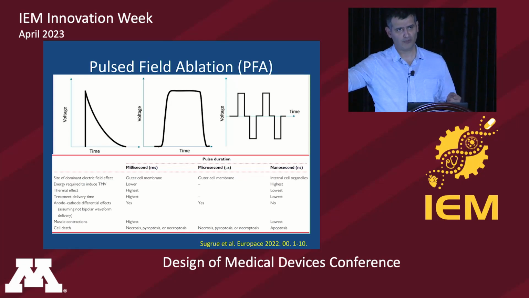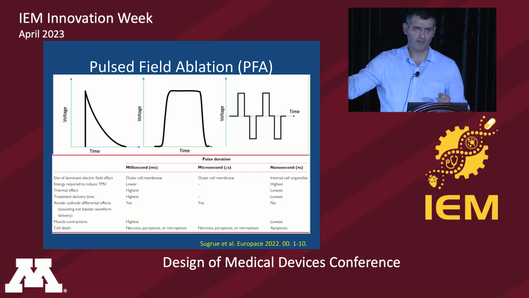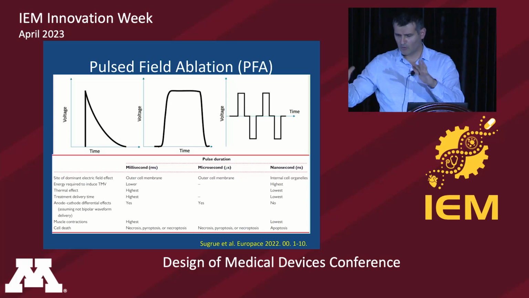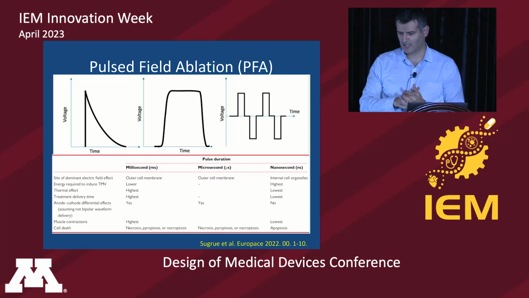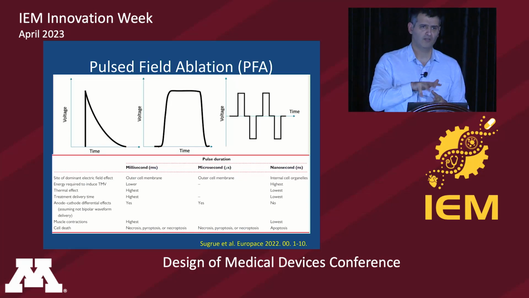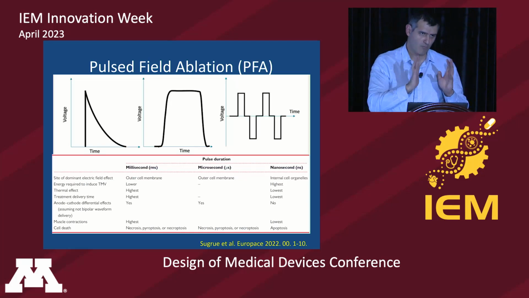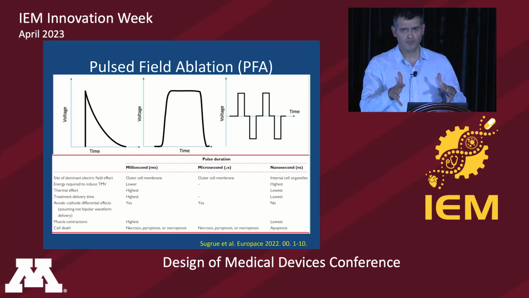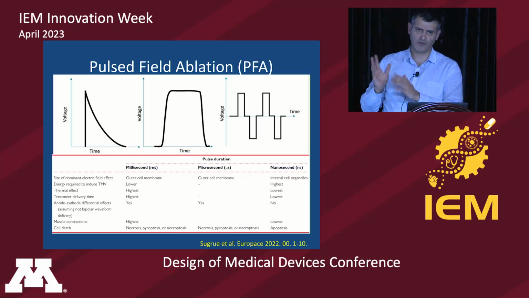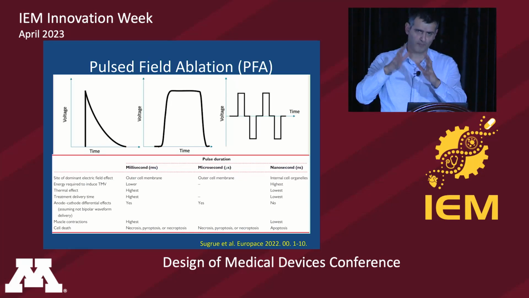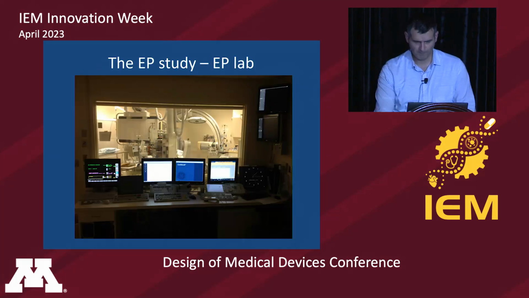So you're doing true electroporation with nanoseconds. I'm not going to go over all these right now. There's a session, like I said, about it tomorrow, but there's a ton to be learned as far as how much pulse duration to deliver, how much frequency, what voltage to deliver, what waveform to use. So there's plenty to learn still in PFA.